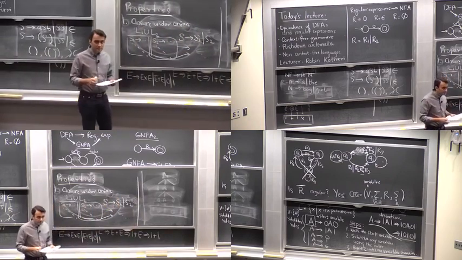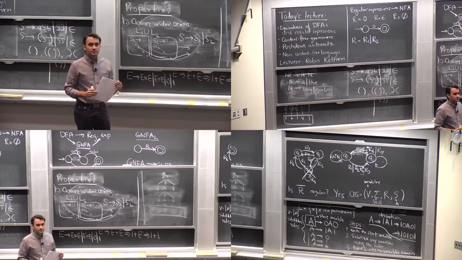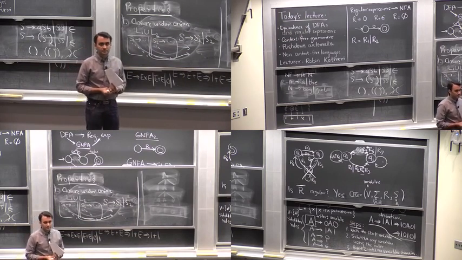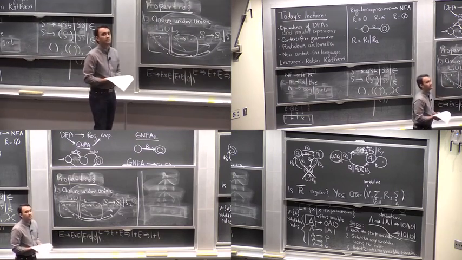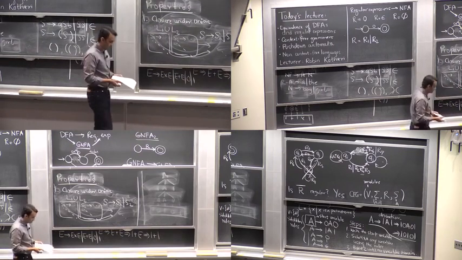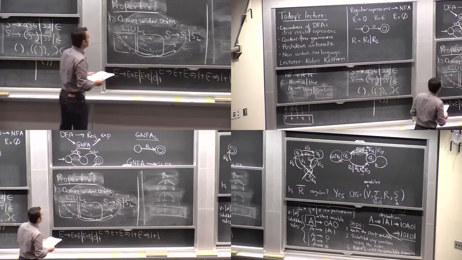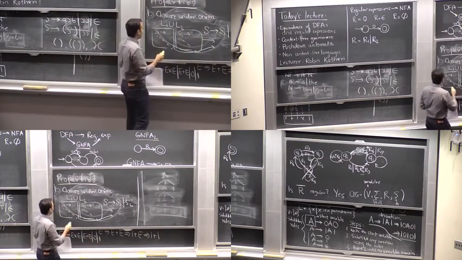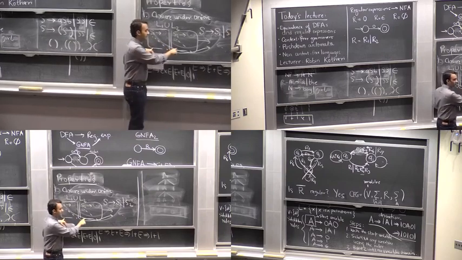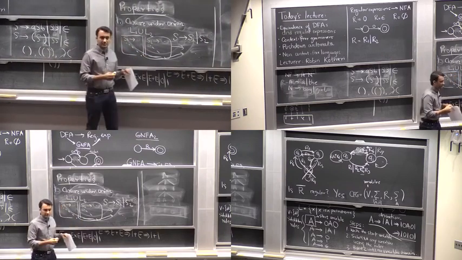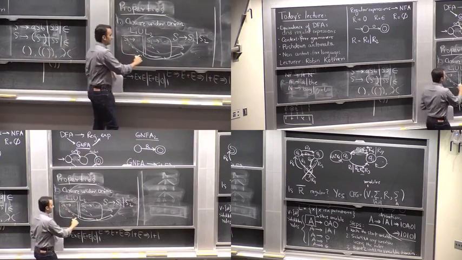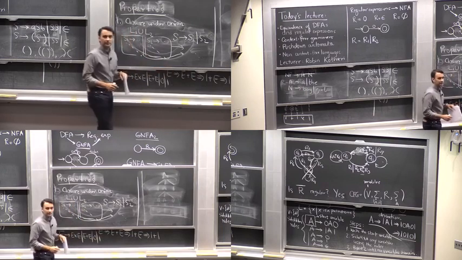So I guess the concern with this union definition is that while it is clear that if you follow only rules from S1 or only rules from S2, you'll get a string in the union, if you mix them, it's not entirely clear. Right, that's a good point. If this has any variables that are the same as variables over there, you should change the names of all the variables. Make sure that none of the variable names here coincide with any of the variable names here.